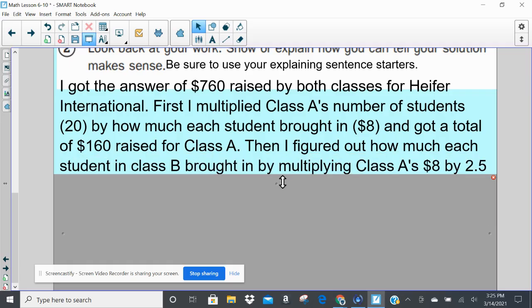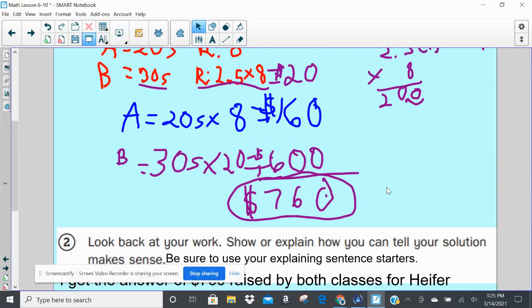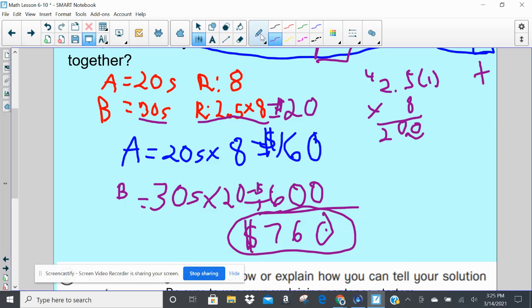Then I figured out how much each student in Class B brought in by multiplying Class A's $8 by 2.5 times as much and got that each student in Class B brought in $20. My work is right here. That's where that work is, to figure out how much each person brought in.